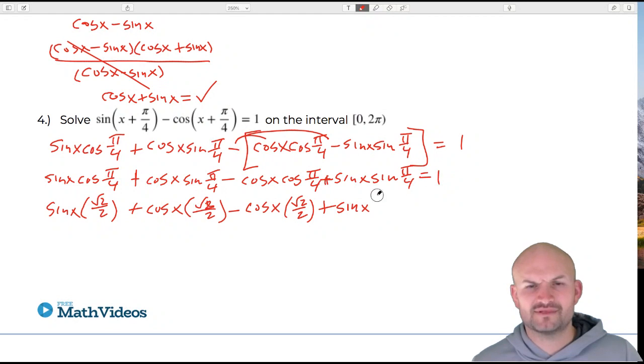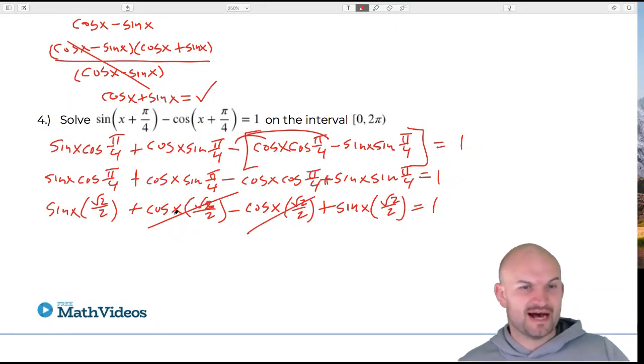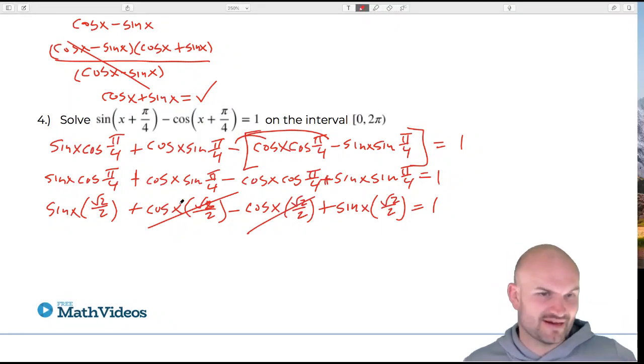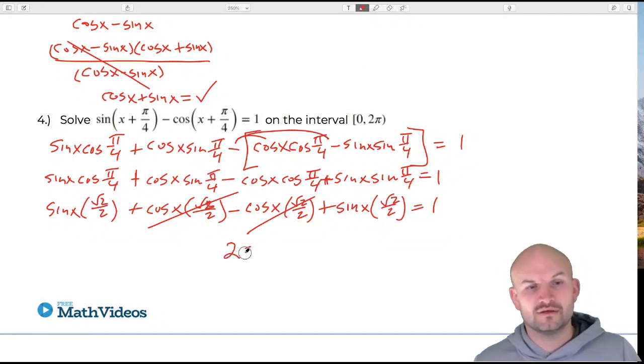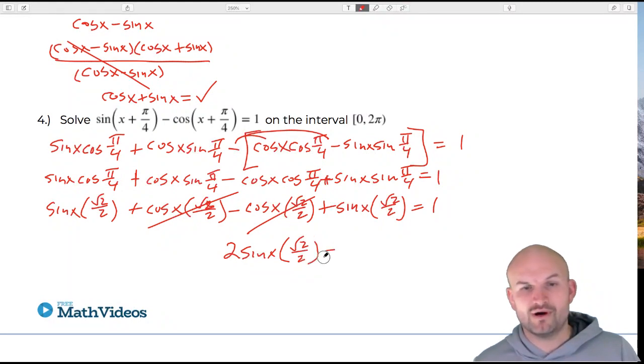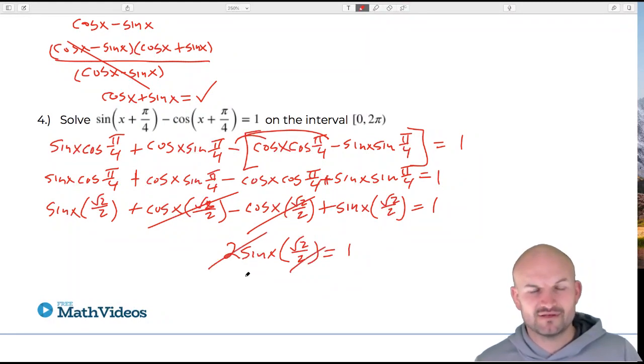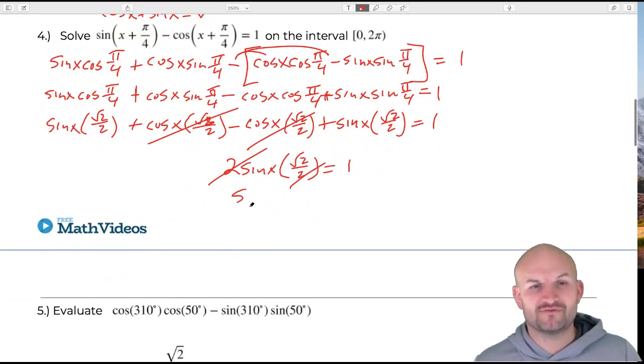Sine of x times the square root of 2 over 2 equals 1. Now you can see that these cosines, the positive as well as the negative, cosine of x times square root of 2 over 2, divide out. And now we have 2 sine of x's times the square root of 2 over 2 equals 1. Well, now the 2's divide out, so I'm just left with sine of x times the square root of 2 equals 1.